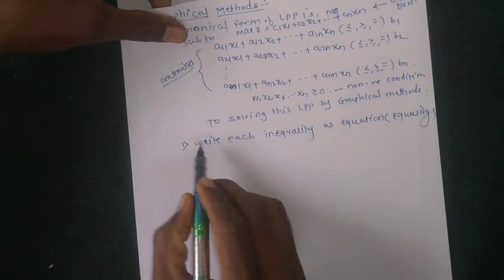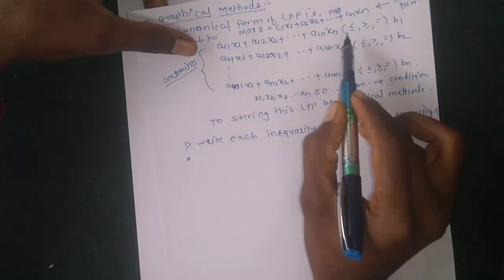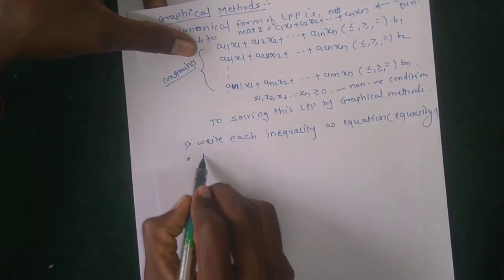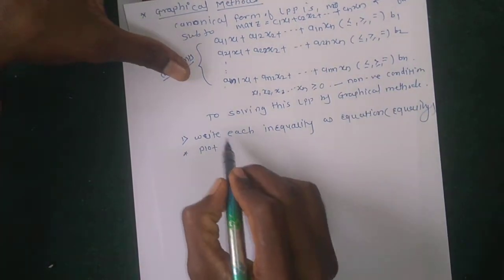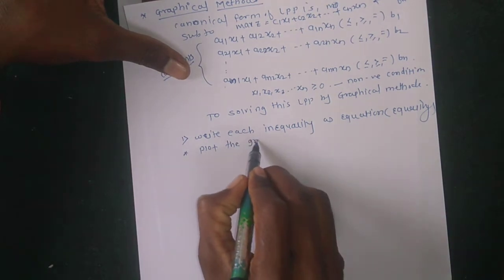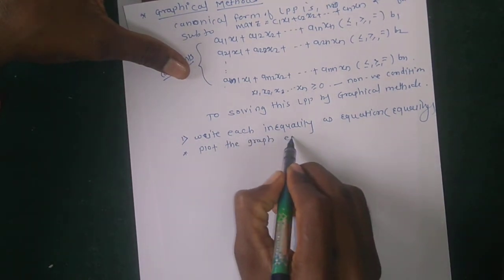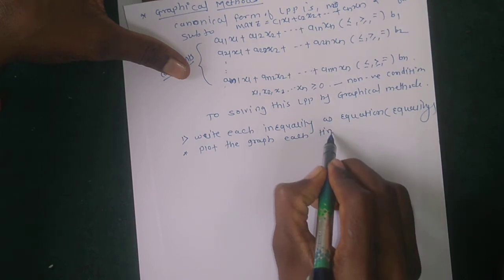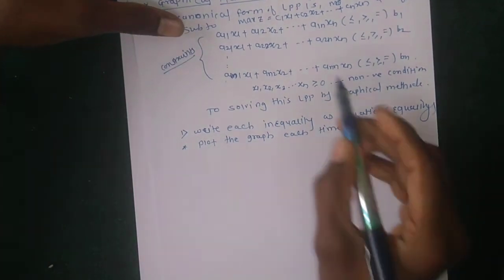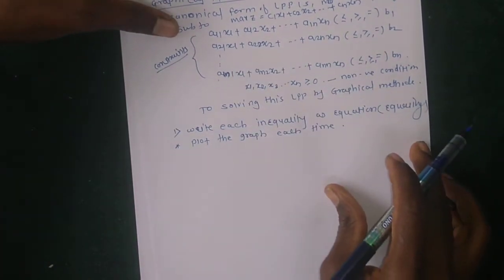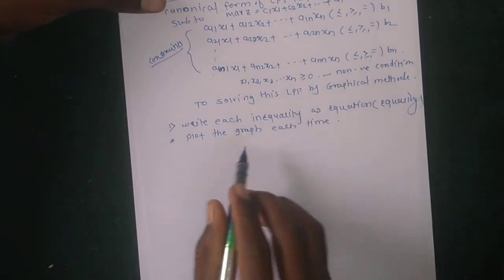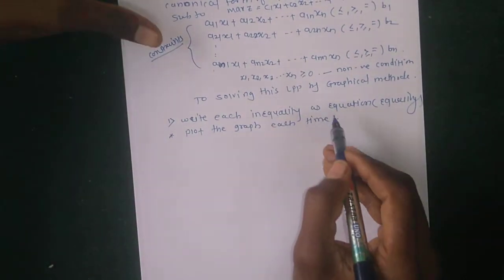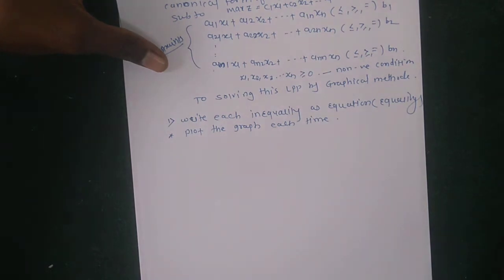Firstly we write the equalities, then find the points of all these equations and plot the graph. Plot the graph of each equation by finding points and joining the points.